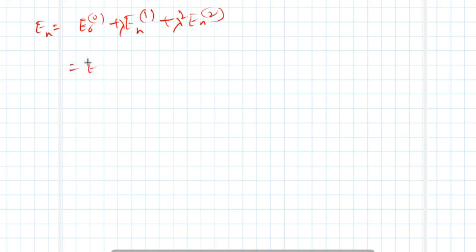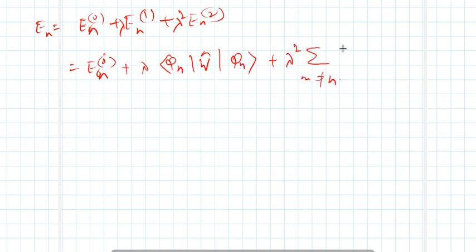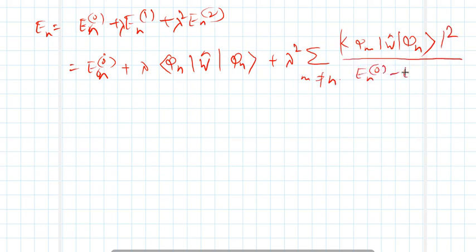So it is equal to En0 plus lambda phi n W phi n plus lambda square summation m is not equal to n, phi m W phi n square over En0 minus Em0, and when lambda gets multiplied with it, it will become lambda W whole square, so it will become hp.